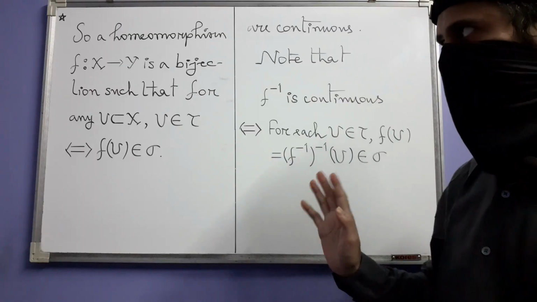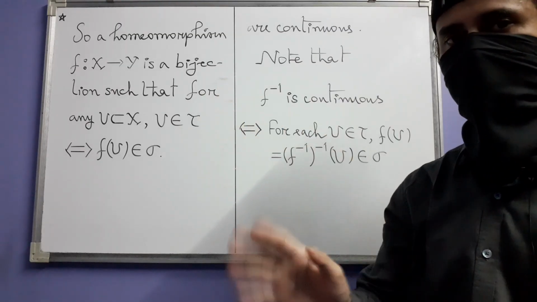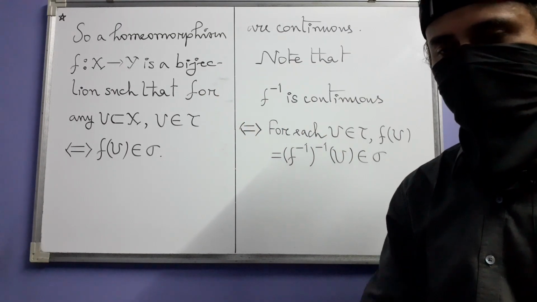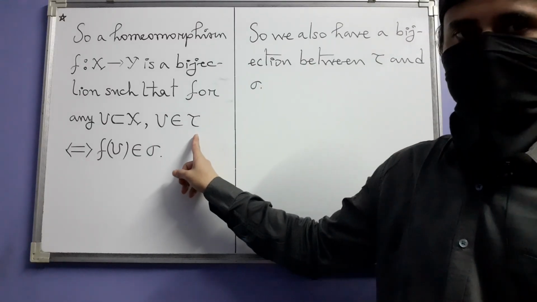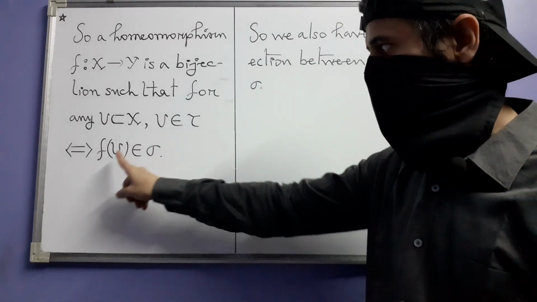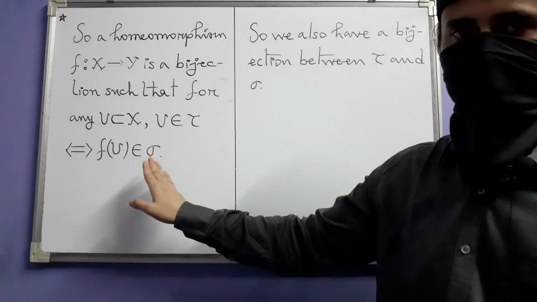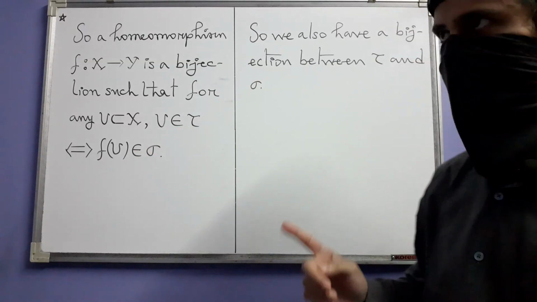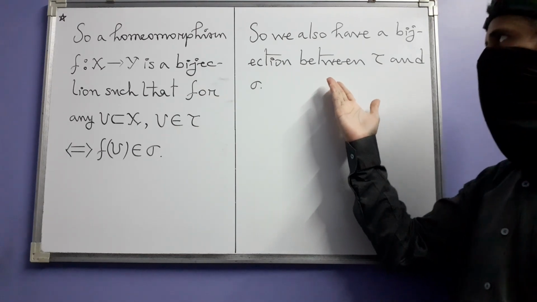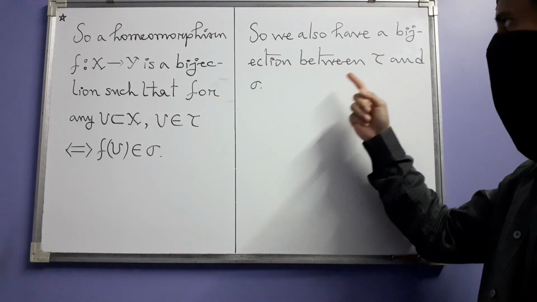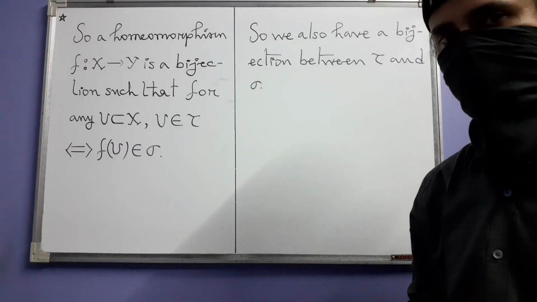There is no distinction topologically between two homeomorphic spaces. So we see that open sets in tau correspond to open sets in sigma. For each open set in tau, there exists an open set in sigma and vice versa, and that's why we can say this. So we also have a bijection between the topologies themselves.